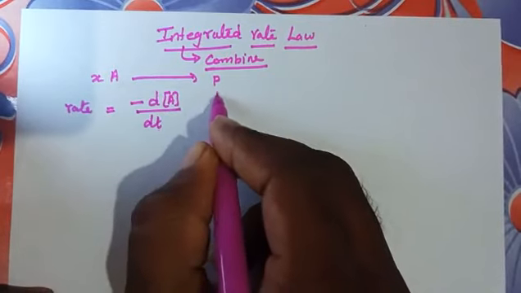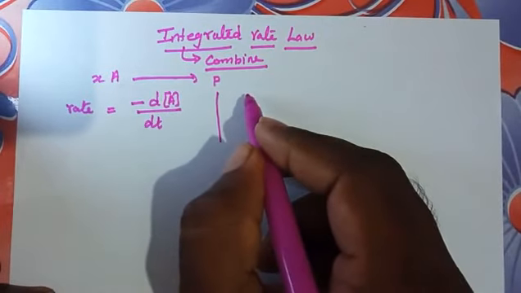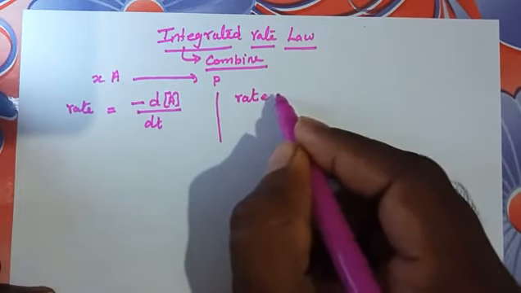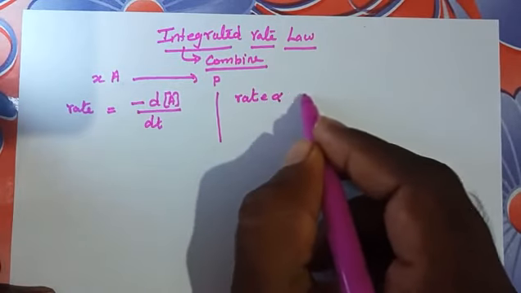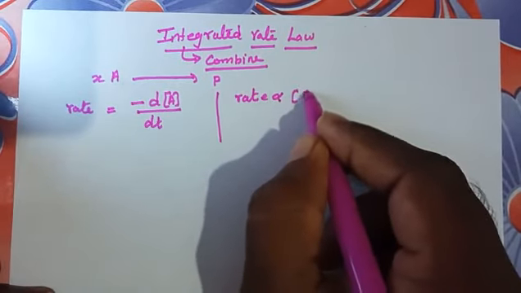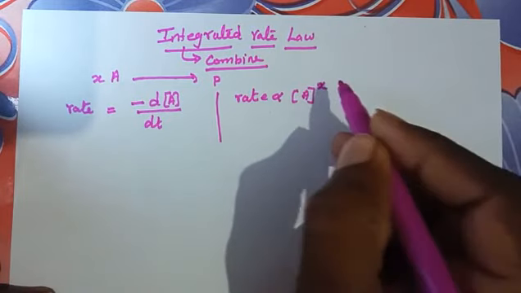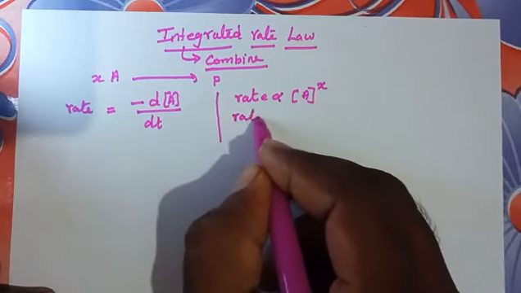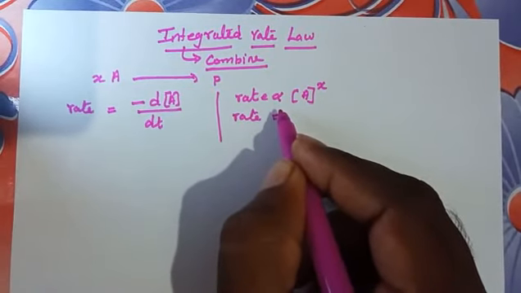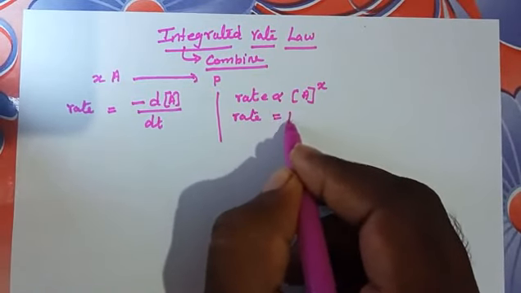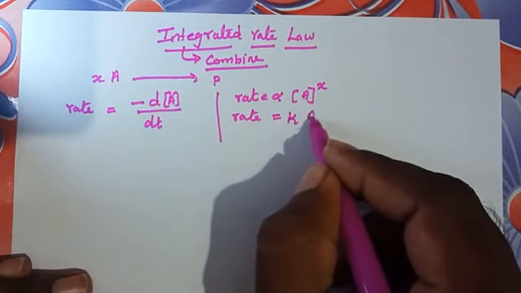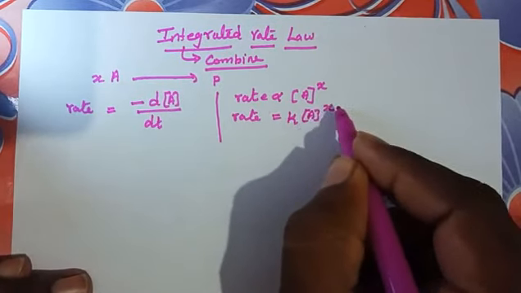According to rate law, the rate of the reaction is directly proportional to concentration of A to the power of x. The proportionality sign can be replaced by a constant called the rate constant, so rate equals k into concentration A to the power of x.